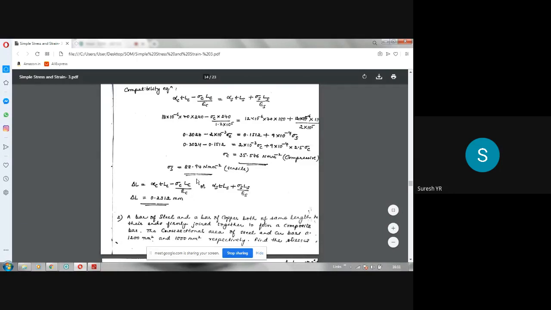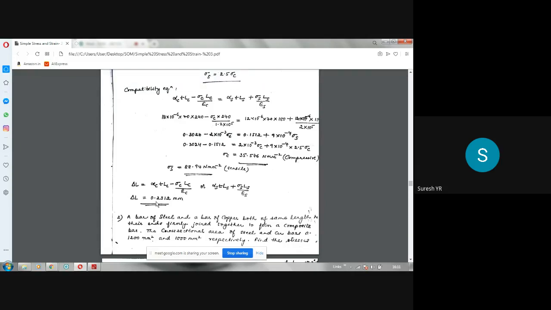Either you can use the LHS term or the RHS term, in terms of steel or in terms of copper. So you now know the sigma C value, you know all these values, you know the already given values. Otherwise you can use this sigma S value. So either you can substitute in this or this, and you get the common value 0.2312 mm.